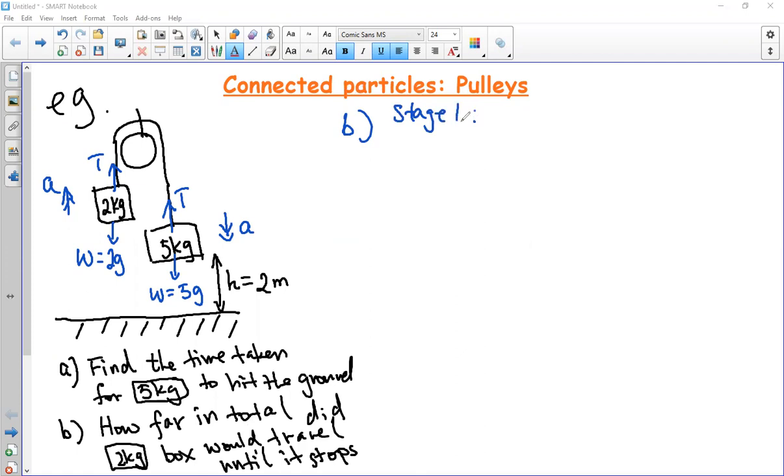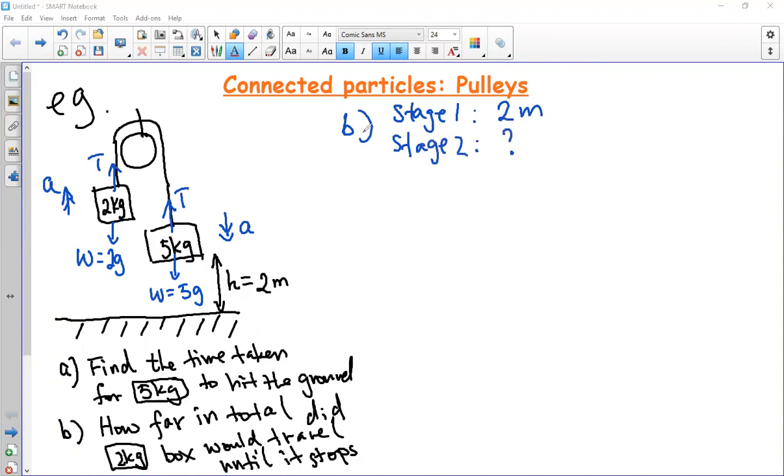Stage 1 is when the 5 kilogram box is released and it's going to travel towards the ground. So during that time, the 2 kilogram box would travel the same distance as the 5 kilogram box, which means it would travel 2 meters. So stage 1, it has already traveled 2 meters. Now, the problem is, how far did it travel in stage 2?